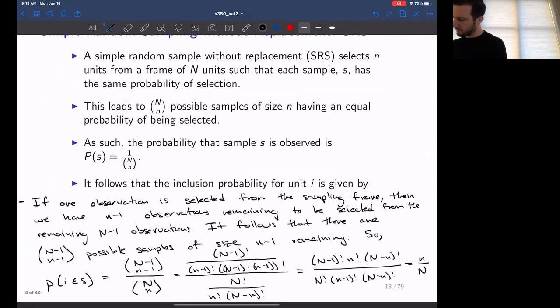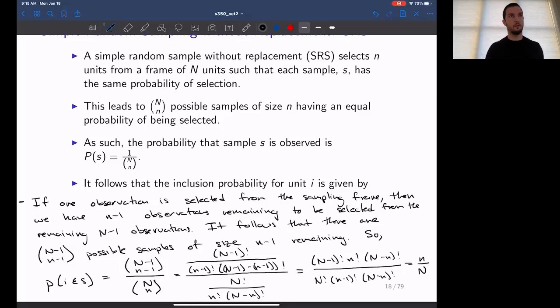Sorry, I just saw that part being. So little n factorial is going to be little n. Okay, so basically they cross out because N factorial, yeah, this will work.